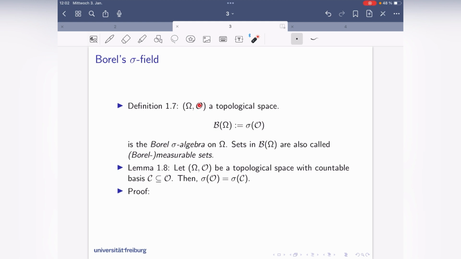So from a topological space, we find a sigma algebra, which we call the Borel sigma algebra. And sets here are also called Borel measurable sets. But for this, I really need a topological space. So for example, a metric space: the metric defines a topology as we saw, and the topology generates the sigma algebra here.